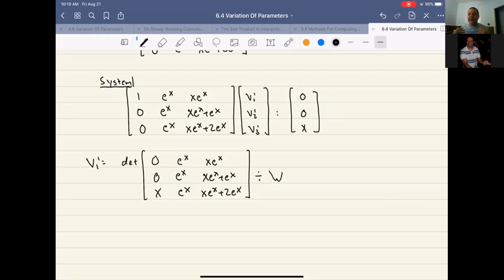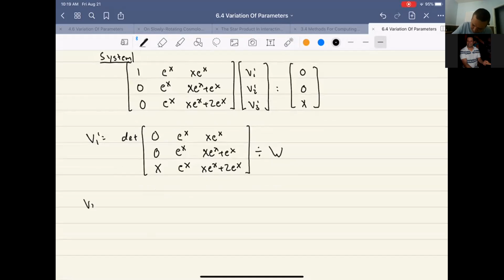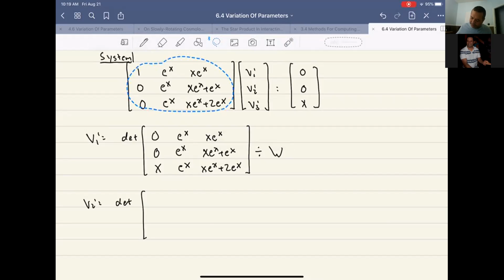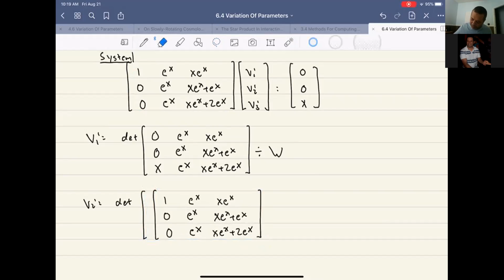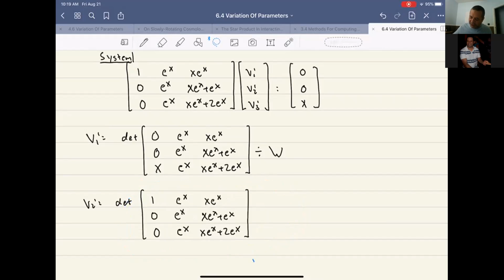Okay, so that's the first V, that's the V1 prime. V2 prime is going to be the determinant of, now instead of this, so while I'm doing this, I want you to think, what column am I going to replace on this matrix in order to get V2 prime?